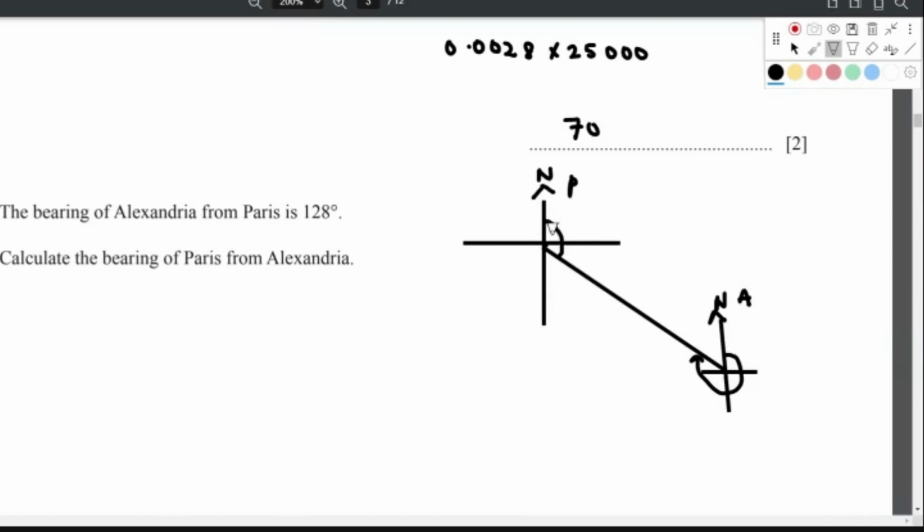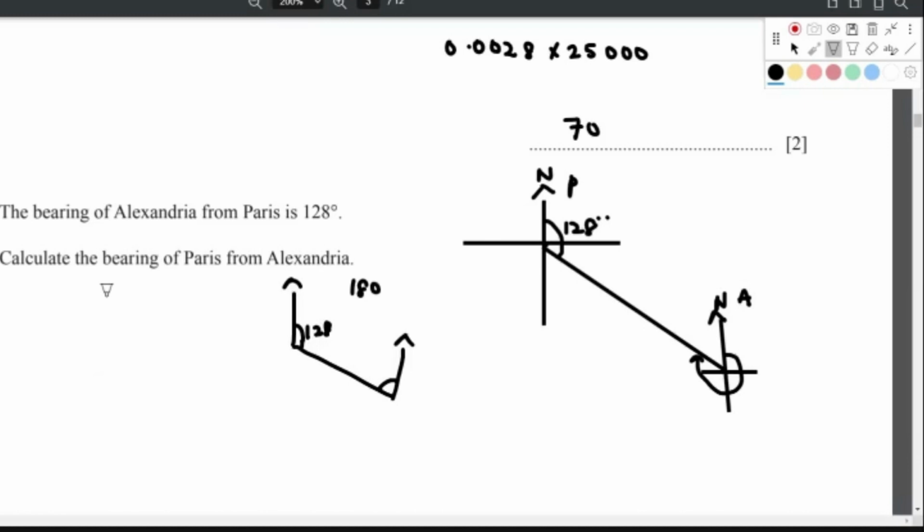So if this entire thing is 128 degrees, now we know this is a parallel line, isn't it? So you have a parallel line like this. This is 128. Now what do you know about the rule, the behavior of this? Because it's a parallel line, the internal angles of these two parallel lines should sum up to 180.